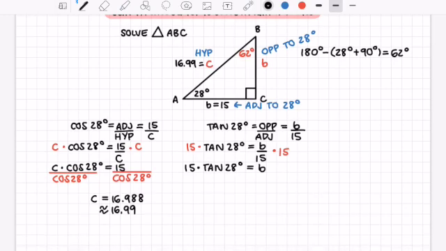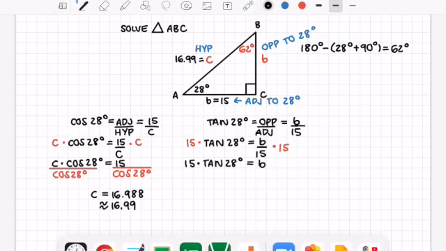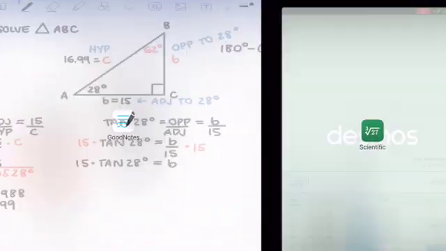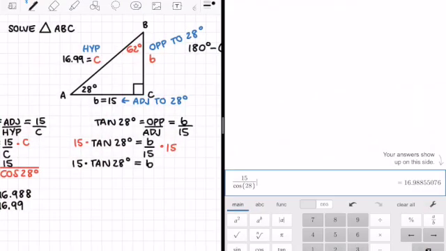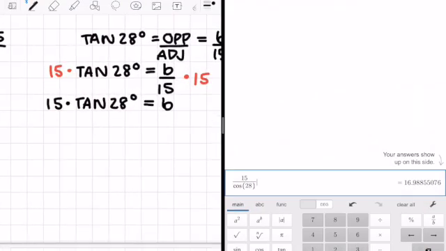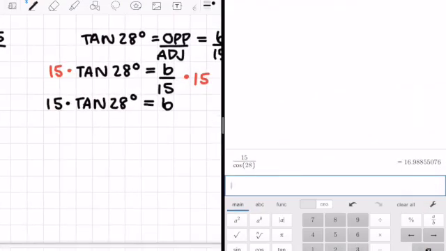So again, let's try it out with the calculator. Take out the calculator right here. Okay, so clear it or enter a new one. I'm going to write down 15 times the function is tangent 28. Close parenthesis, and we get our answer.